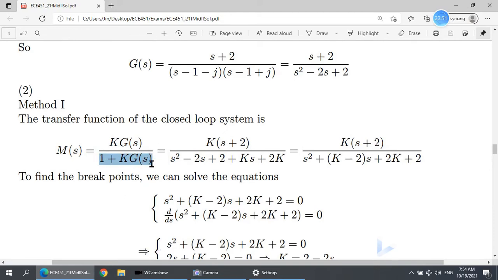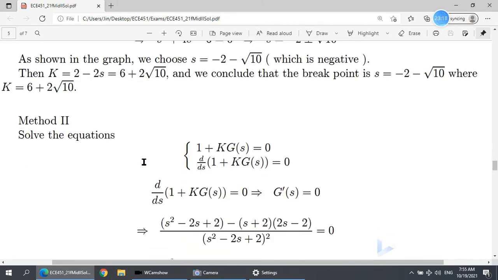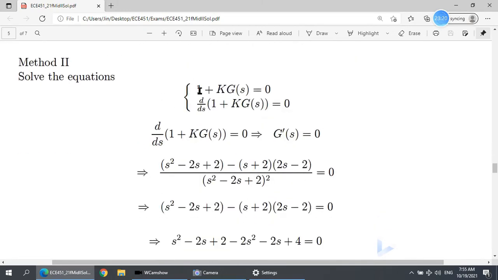Let this one equal to 0, and the derivative of this one equal to 0. So we have these two equations.